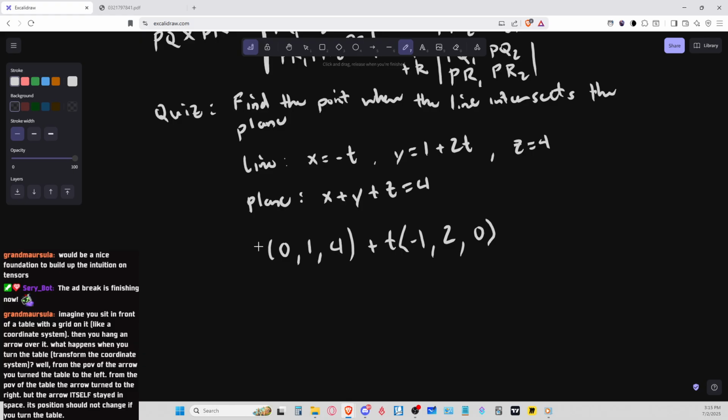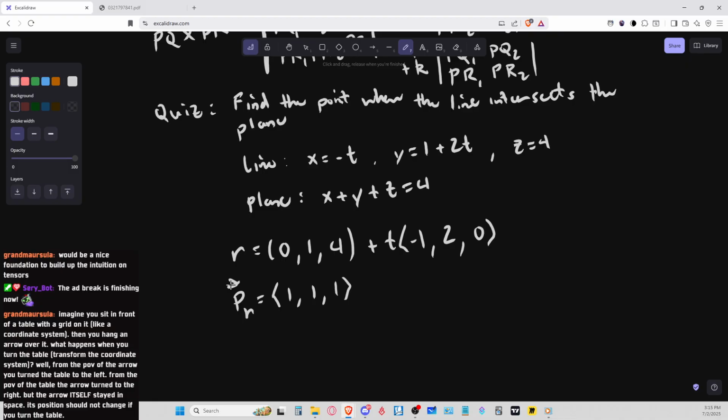I think that's the original line equation there. Okay, we got the plane, where the normal vector is 1, 1, 1, so I'll just write plane here.